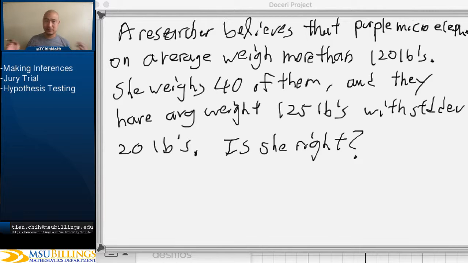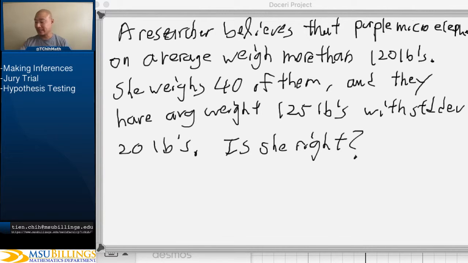All right, so she thinks that on average they weigh more than 120 pounds. She grabs up 40 of them, weighs them, and their average weight of the 40 she weighs is 125 pounds. Standard deviation of their weight is 20 pounds. So, is she right?